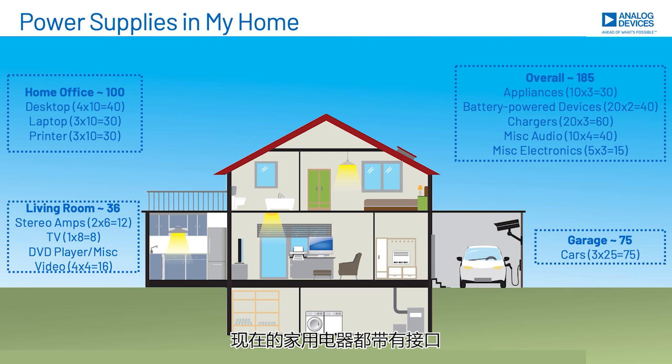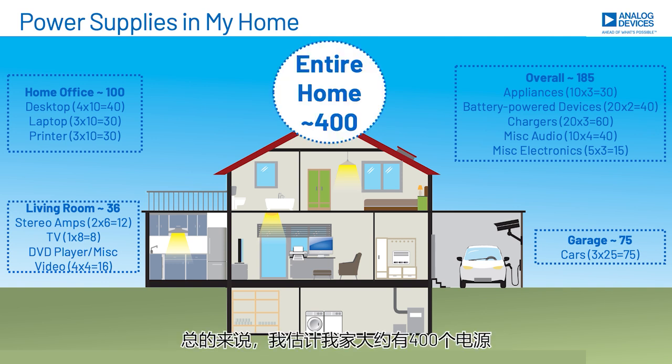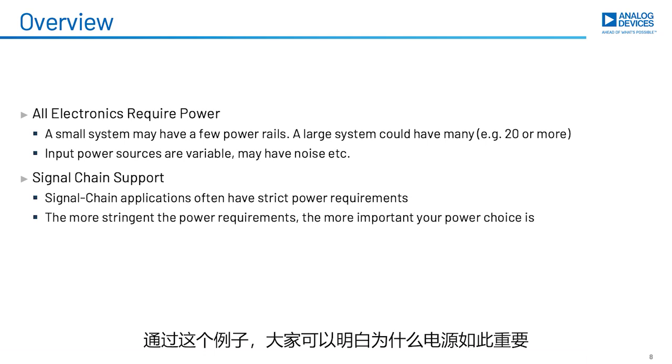Appliances these days, they all have interfaces, and so they need power supplies to run those interfaces. We have battery-powered devices, and chargers for all those battery-powered devices. So overall, in my home, I figure we have about 400 power supplies, and this is just one home. So this gives you a sense of why power is important.